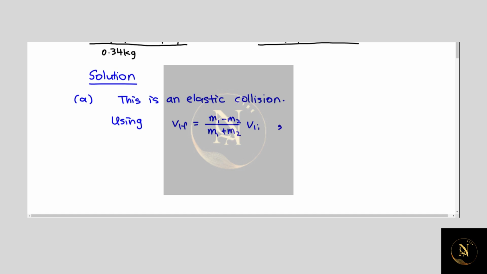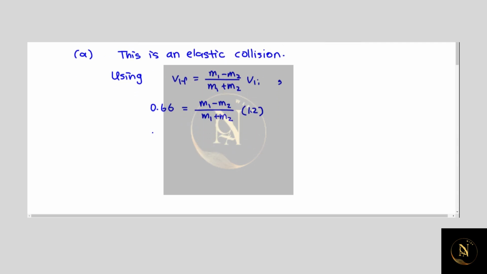So we just substitute the numbers. V1F is 0.66, leaving M1 and M2 as is for now, and V1I is 1.2. Then you can rearrange, and this is 0.55.